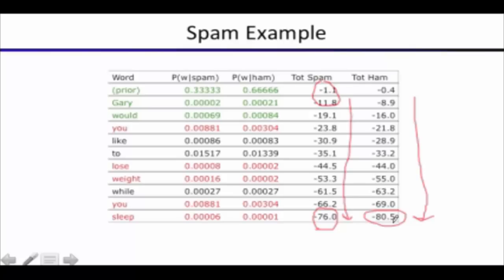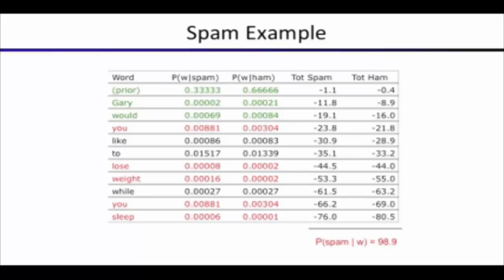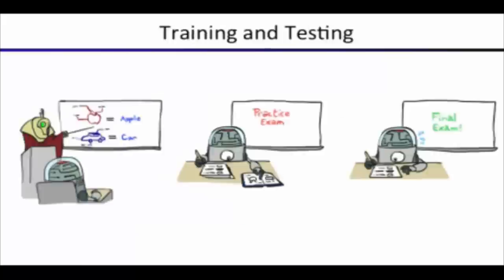This is the Naïve Bayes inference algorithm. Cool. I guess that's what it works out to be, 0.98 probability. Okay, yeah.